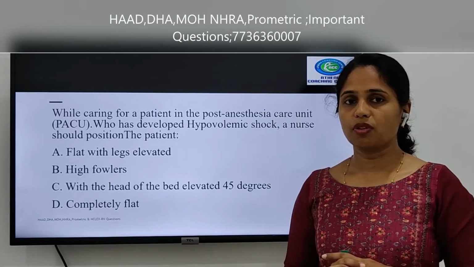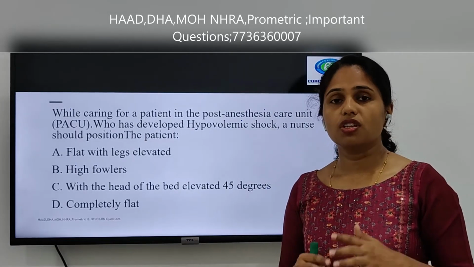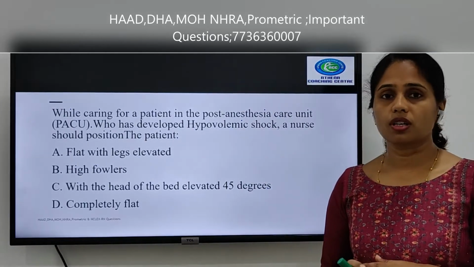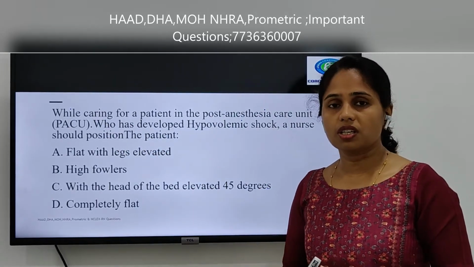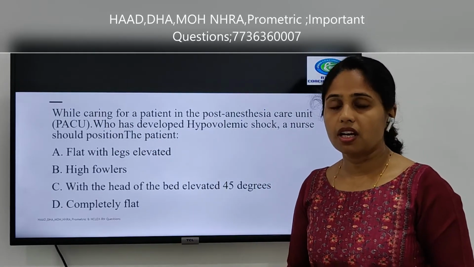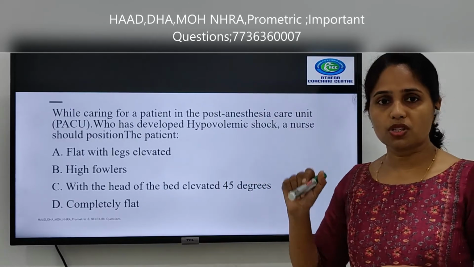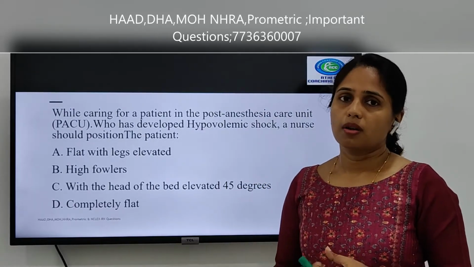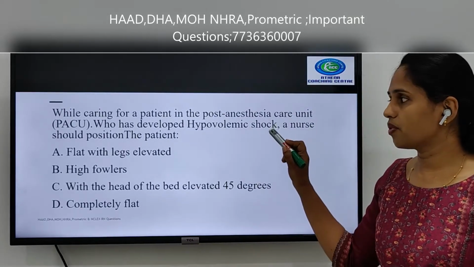What is hypovolemic shock? It is one type of shock in which the blood volume is lost. It is associated with surgery. Following surgery, bleeding is an expected immediate complication. So this hypovolemic shock could be because of bleeding. Okay, so the patient has developed hypovolemic shock.